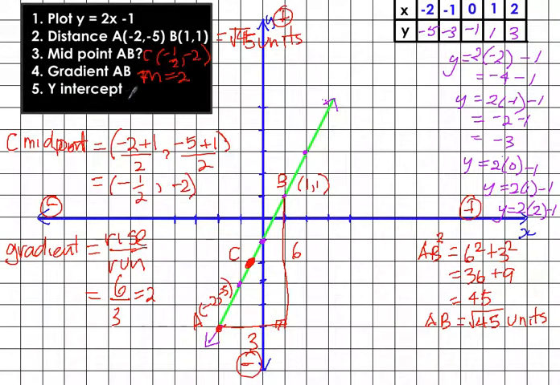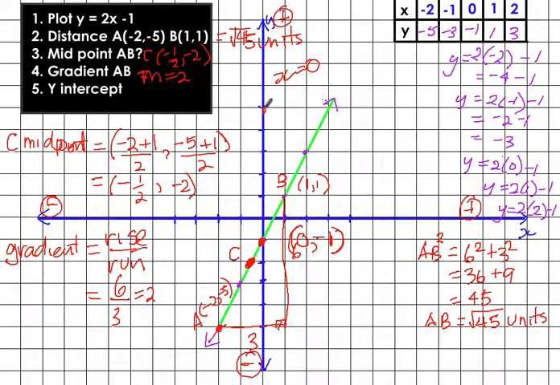The next thing we're looking for is the y-intercept. The y-intercept is where the line crosses the y-axis. It's crossing the y-axis here, at this point, and the coordinates of that point are x equals 0, y equals negative 1. Let's have a look at x equals 0. On this y-axis, x is equal to 0 everywhere along this line.